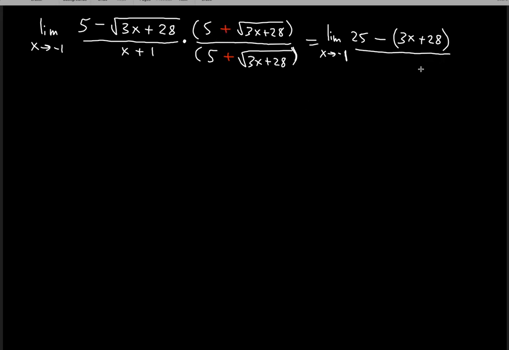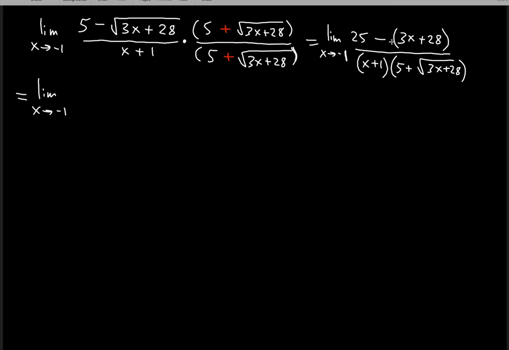And this will be divided by, what do we get here? What I would advise to do is to leave it like this for now. X plus 1, and then 5 plus square root of 3x plus 28. I would just leave it the way it is. I wouldn't touch that. Let's see what happens after that.